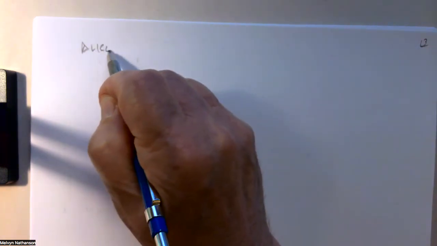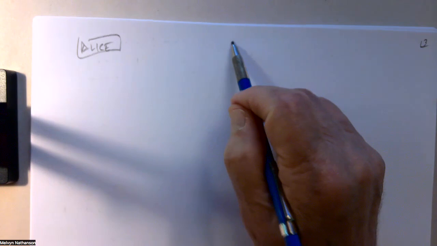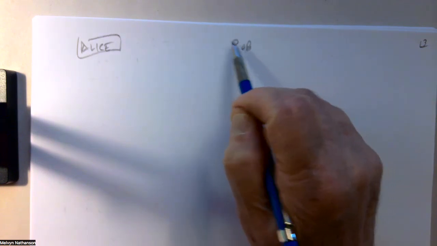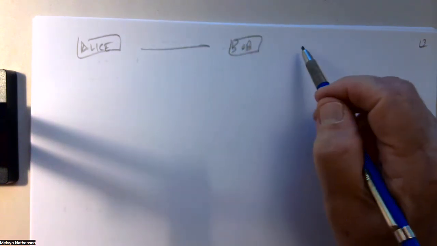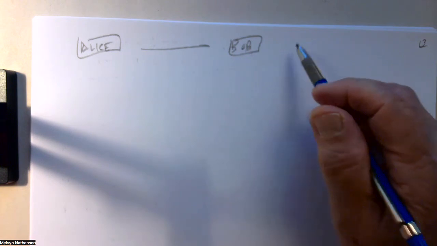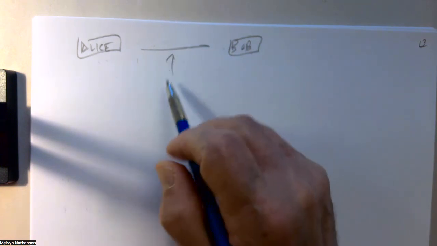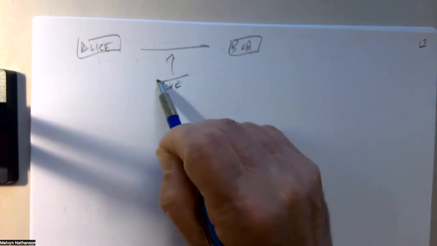So now we come back to our problem: you have Alice and you have Bob, and you want to exchange a key. And you also have Eve listening in.